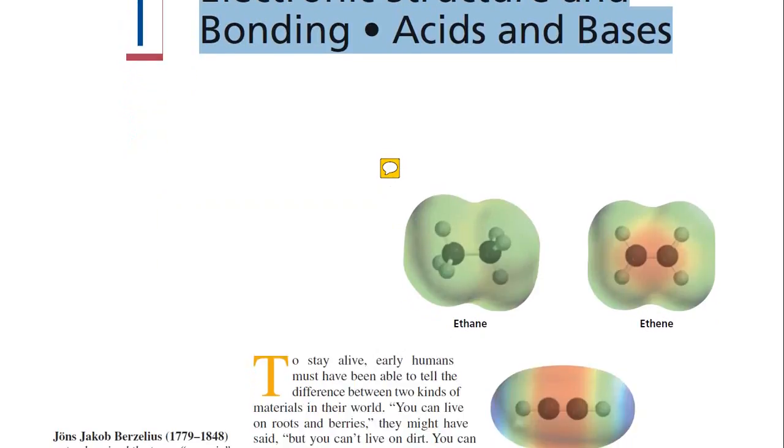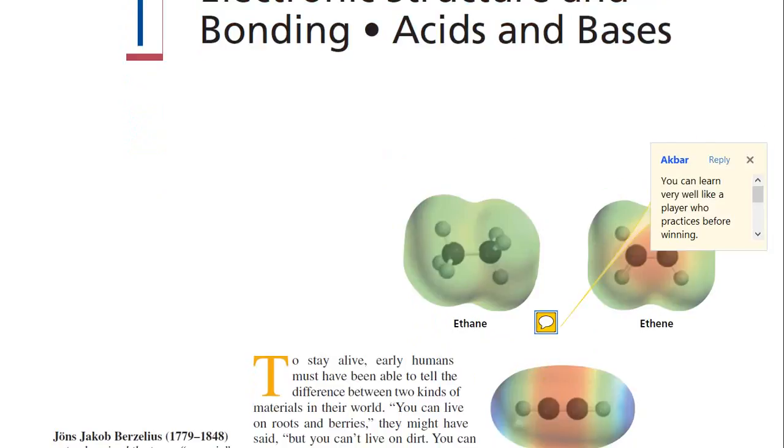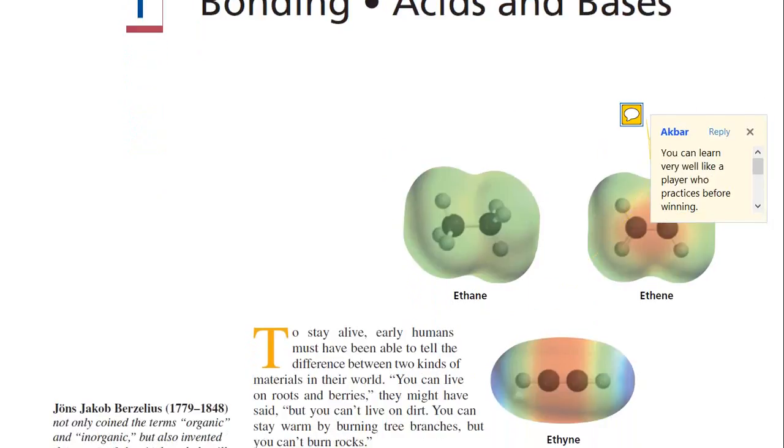Three structures you do see here. These are showing electron density, right? This one you see is ethane, and what you see in ethane is that you don't see this red, because ethane has just one single bond between carbon and carbon, so you have less electron density here.